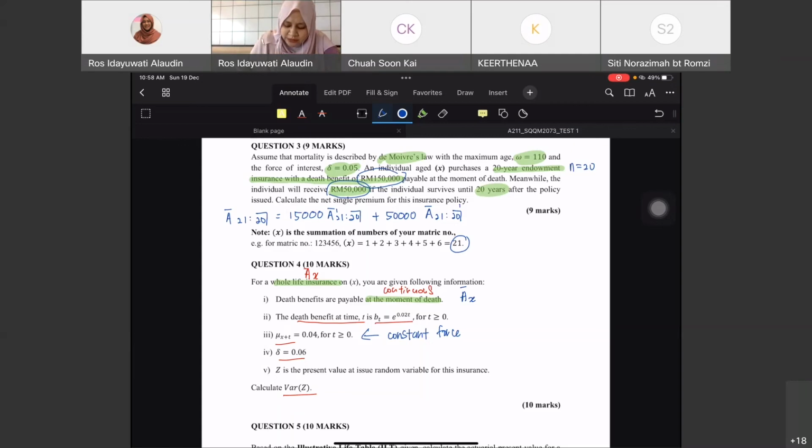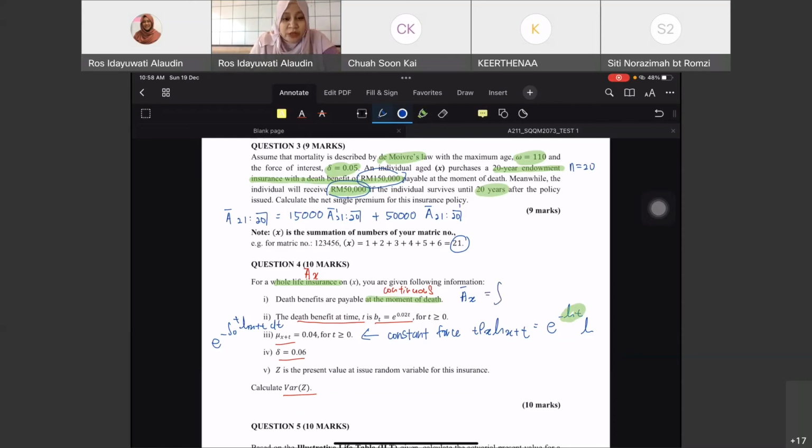For constant force, t p x mu x plus t is e^(-mu t) times mu, because mu is constant. The t p x is e^(-integral 0 to t of mu x plus t dt). Since it is constant force, we don't need to integrate, we just put the mu straight away.